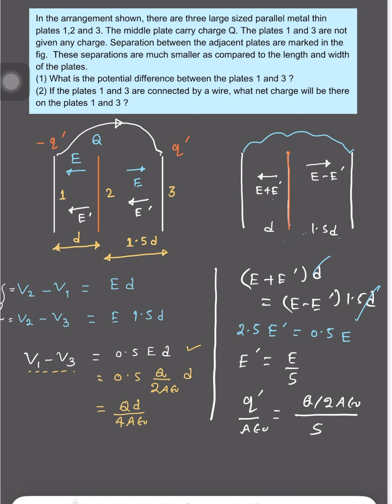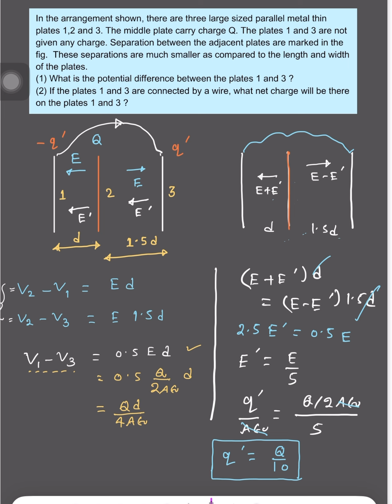This I already explained in the beginning. So epsilon naught and A will cancel, we will get Q dash as Q by 10. I hope this calculation is right.